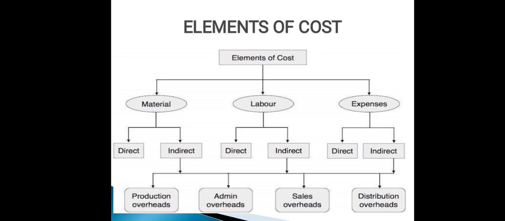Expenses are also classified into direct expenses and indirect expenses. Expenses are also known as overheads. The indirect expenses are further classified. Indirect material, indirect labor, and indirect expenses are related to production overhead, administration overhead, sales overhead, and distribution overhead.